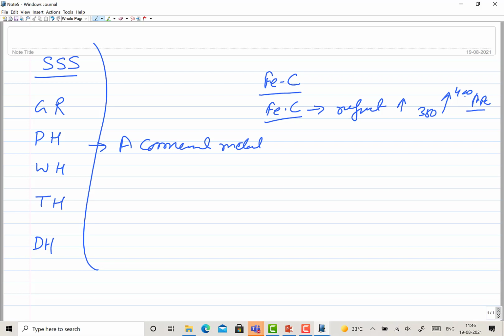Okay, so this is one. Steel may also have some effect of the work hardening. So not just the solid solution strengthening and the grain refinement, it may also have some effect of the work hardening. So work hardening is contributing, say from 400 to say 440 MPa.